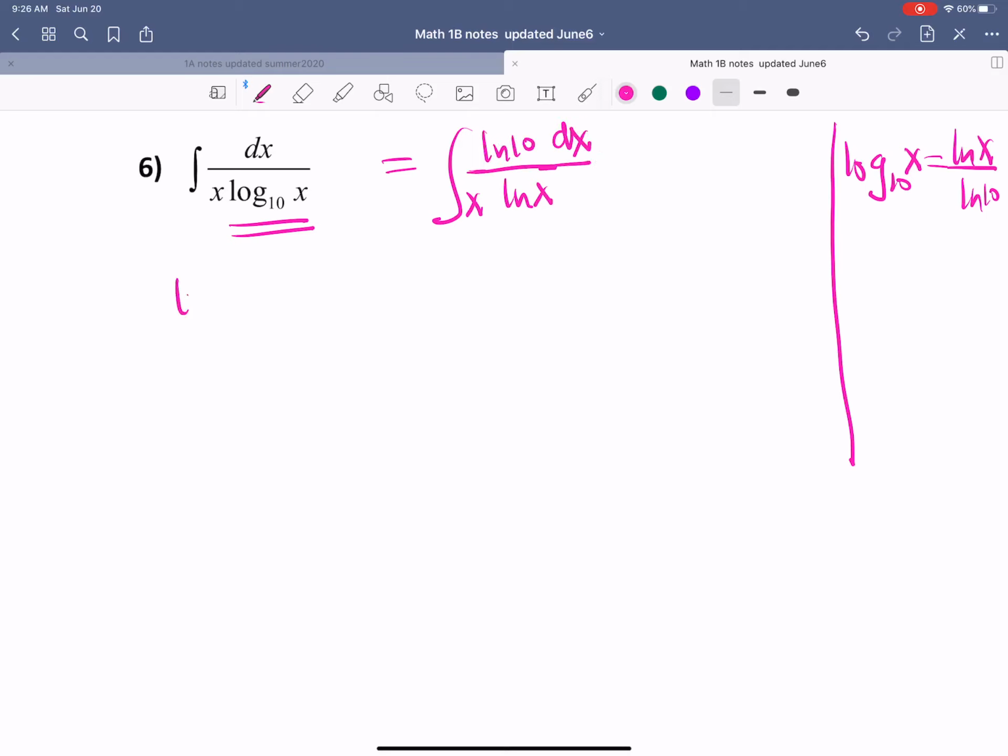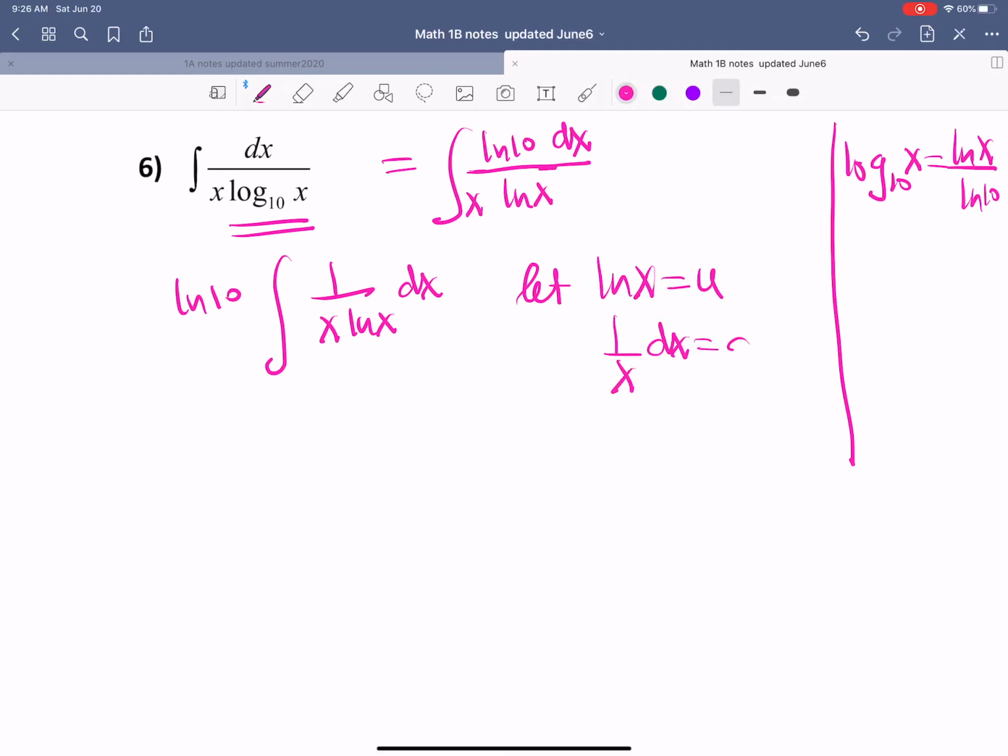Now natural log of 10 is a constant. I'm going to pull it out. Now it looks like a nicer problem. Let natural log of x be u, 1 over x dx be du. The natural log of 10 is a constant, we don't need to bother about that. It can be sitting in the front.